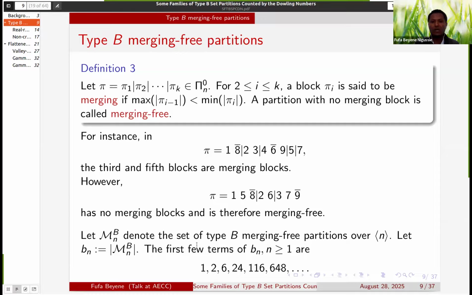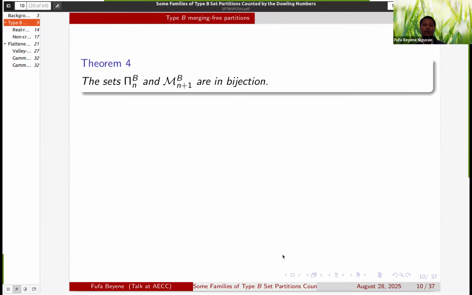But for the Dowling numbers, we have seen this sequence for n greater than or equal to 0. As a result, we have the following: the set of type B set partitions over n and the set of merging free type B set partitions over n plus 1 are in bijection. So we have proved this by providing a bijection between these two.